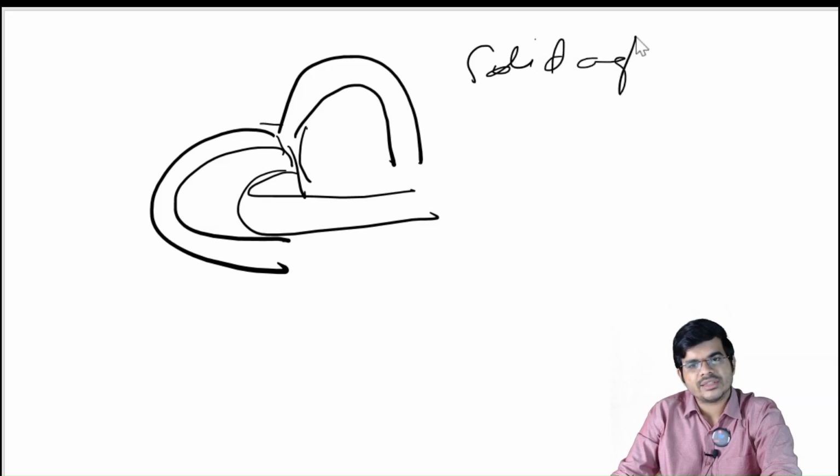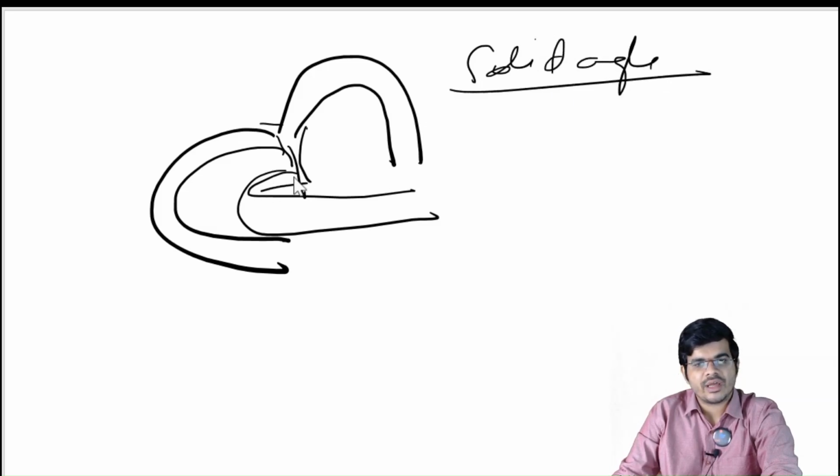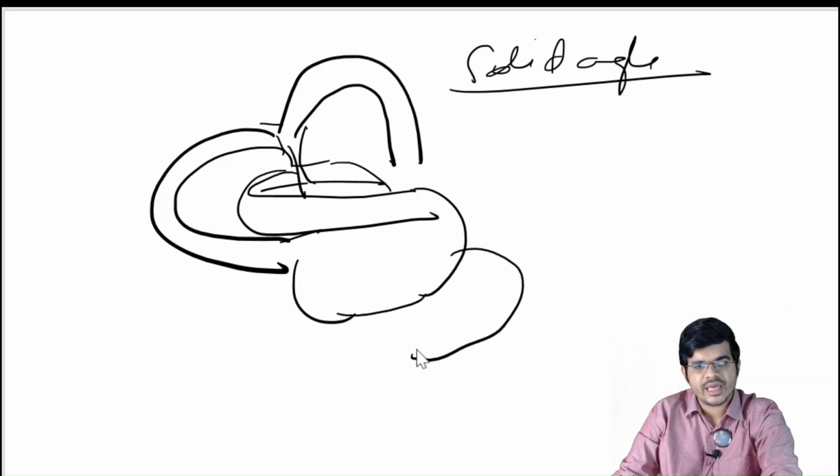All these join into the utricle, and you have the saccule here, and the saccule is connected to the cochlea.